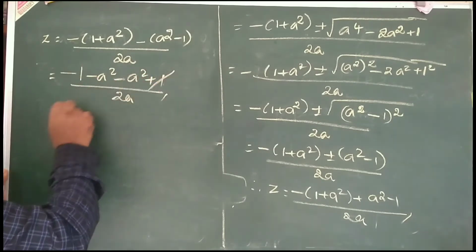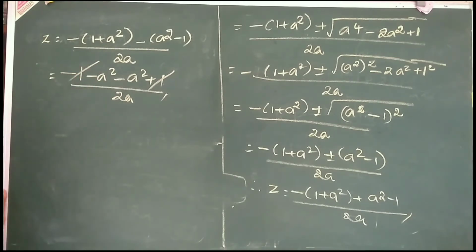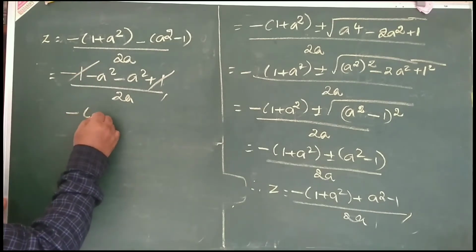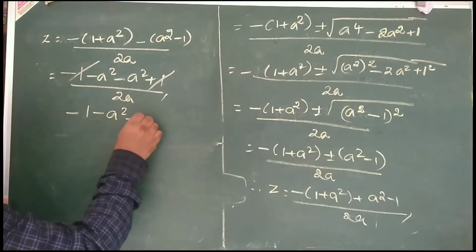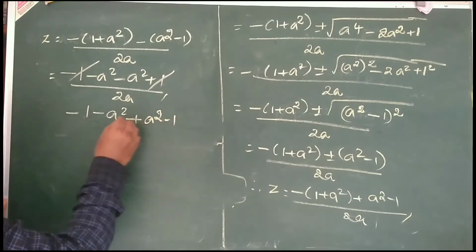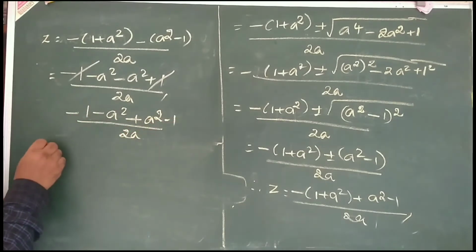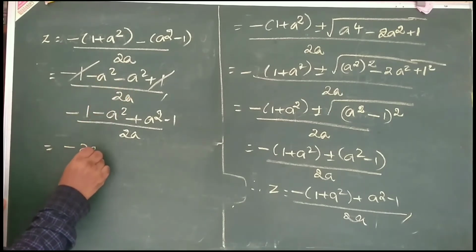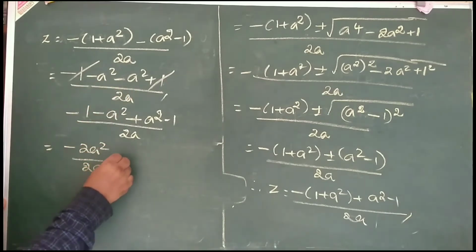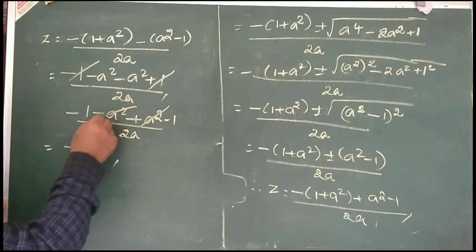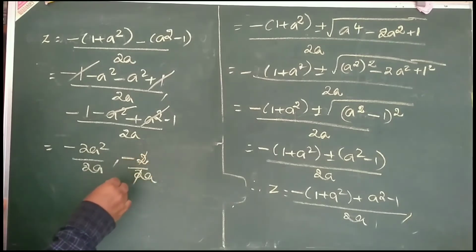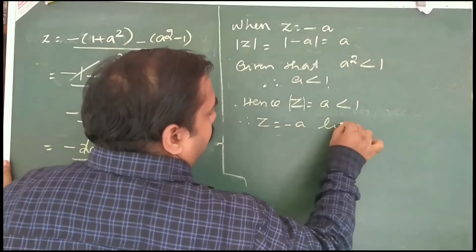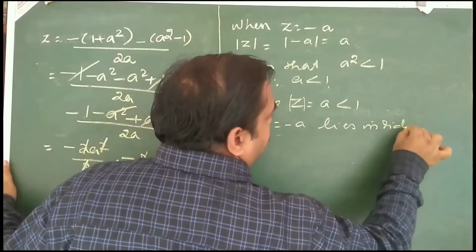In the first, minus 1 and plus 1 cancel, giving minus 2a square by 2a, and in the second, minus a square plus a square cancel, giving minus 2 divided by 2a. So this cancels, this cancels. Therefore, z is equal to minus a, which lies inside C.